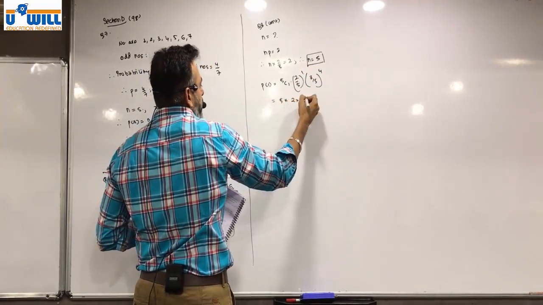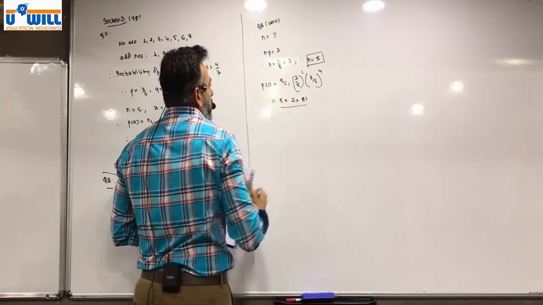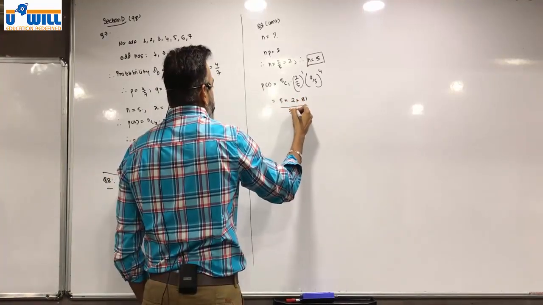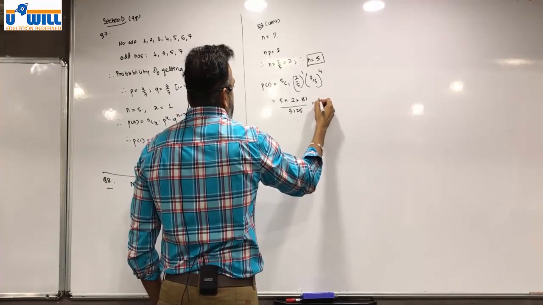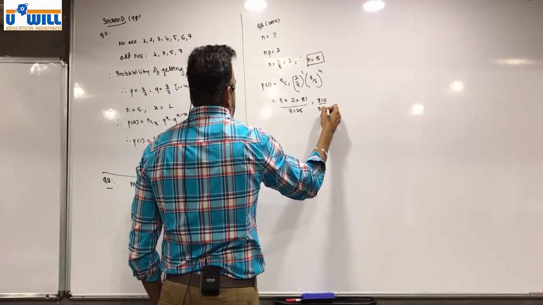5 into 2 into 81 upon 3125, that is 810 by 3125, which is 162 by 625.